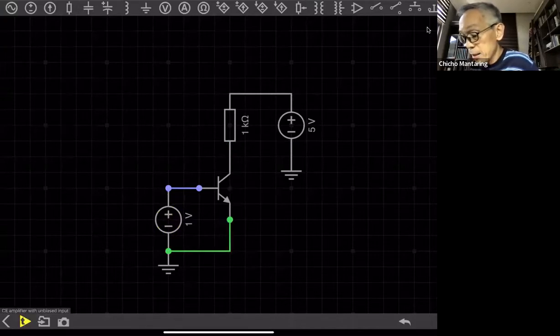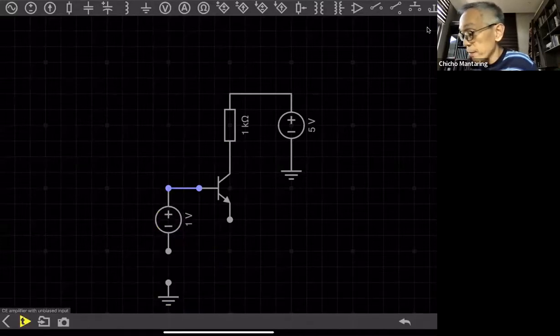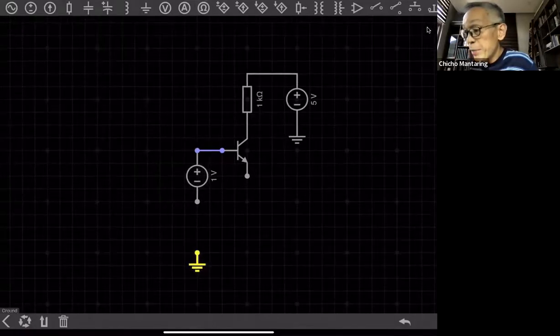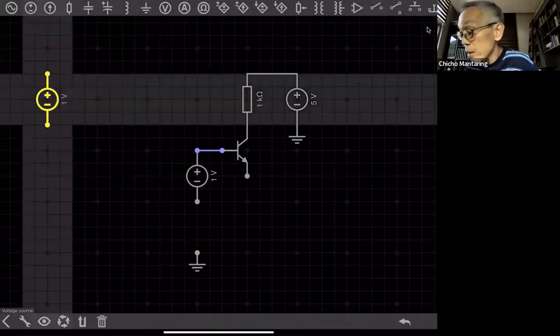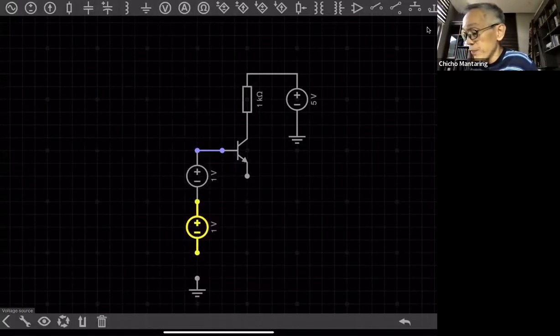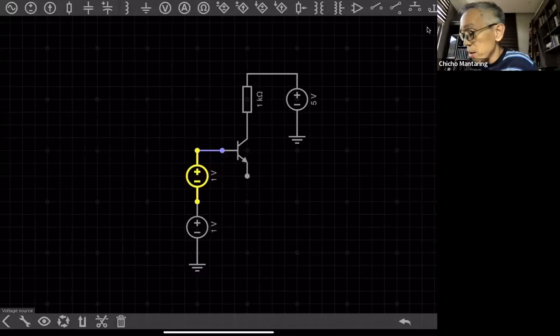Let me take this out. Let me now add a voltage in series with my input.